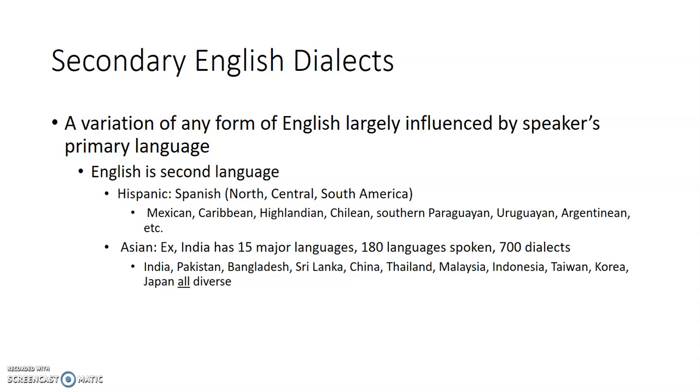For the secondary English dialects, this is a variation of any form of English that's influenced by the speaker's primary language. In the Hispanic or Latinx cultures, we assume that they all speak Spanish, but there are varying dialects of Spanish, and the use of the Spanish rules can change depending on those situations.